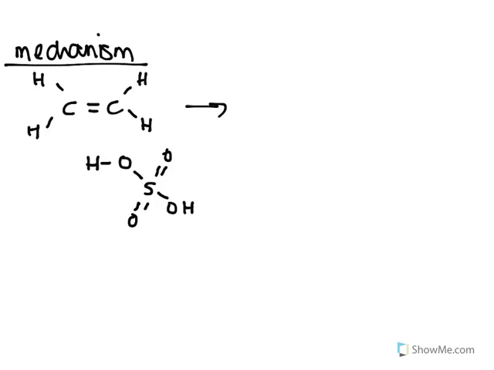Okay, so here's our sulfuric acid. This hydrogen is very electropositive, it's very acidic, this part being delta minus. So here we have the electrons in the pi bond making a bond with the hydrogen, and of course this one breaking to give us our carbocation intermediate.